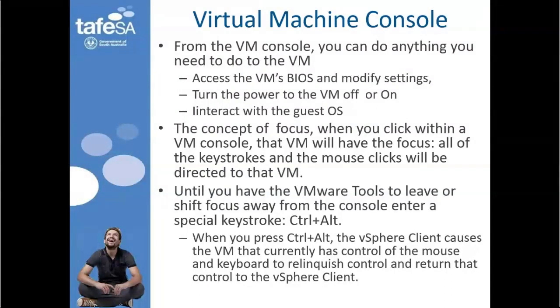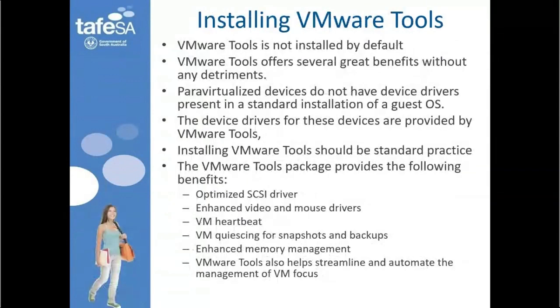That's the same as VMware Workstation, isn't it? But obviously, one of the first things we do with any virtual machine installation is to install VMware Tools. That should be your default standard operating procedure. When you press the Control-Alt keystroke combination, the vSphere client causes the VM that currently has control of the mouse and keyboard to release it.